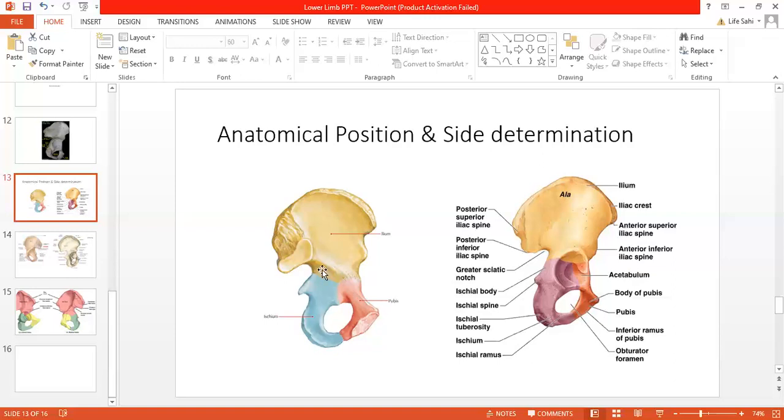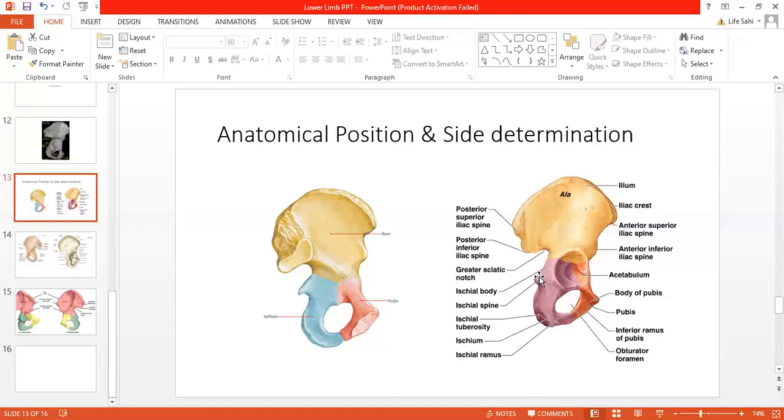The fourth point that we can take into consideration to fully understand the side determination of the hip bone is this notch. This big U-shaped depression just below this ear-shaped surface of the ilium is called the greater sciatic notch. It is labeled in this diagram as well, greater sciatic notch.